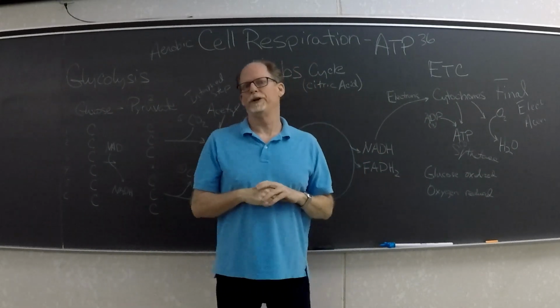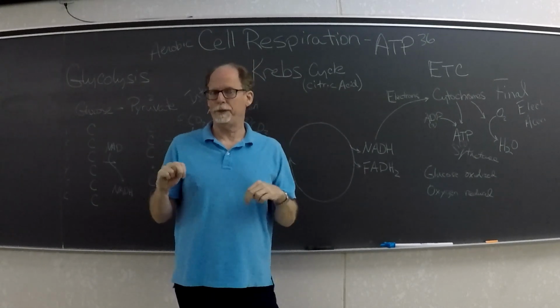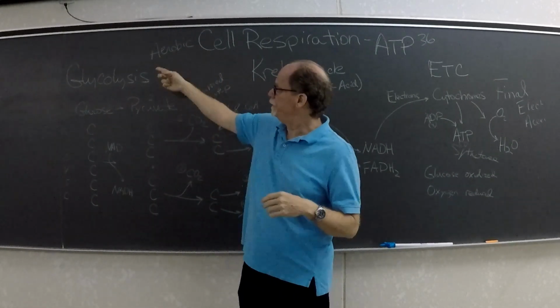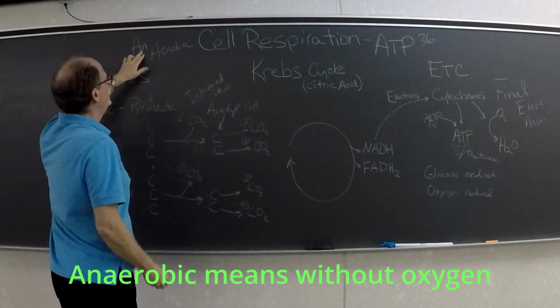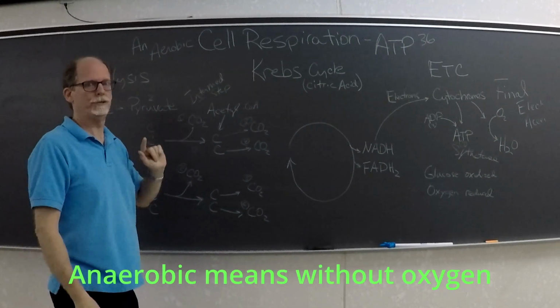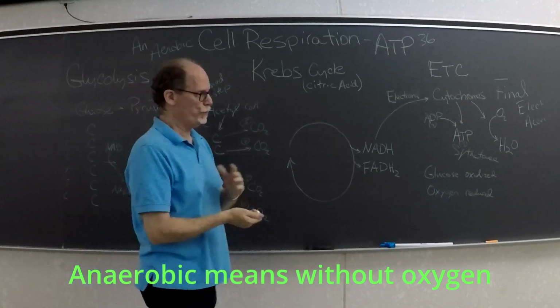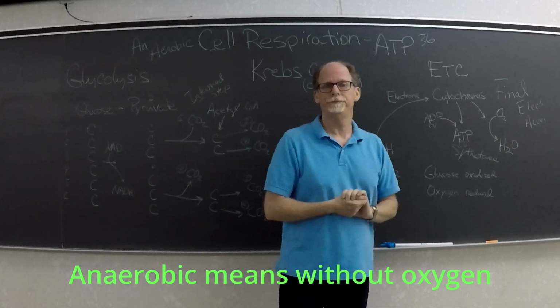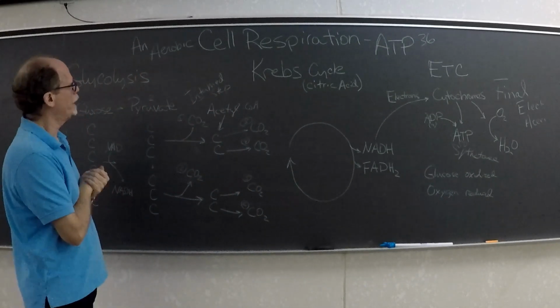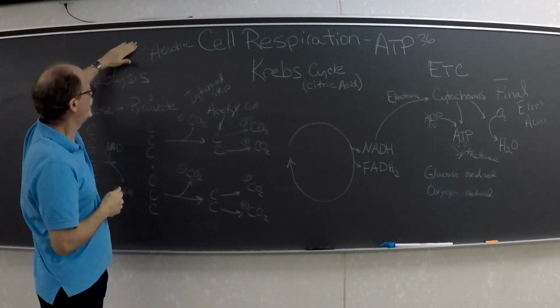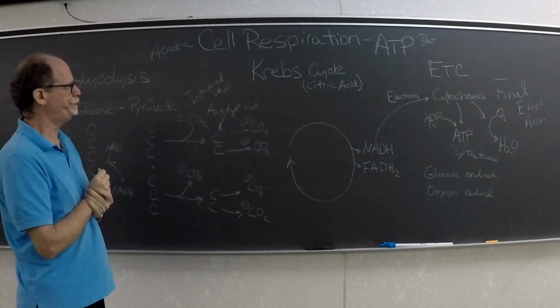There are other types of final electron acceptors if, let's say, instead of aerobic, we were talking about anaerobic, without oxygen. Then we couldn't use oxygen as a final electron acceptor. But that's another story. I want to focus mainly on aerobic cell respiration in this video.